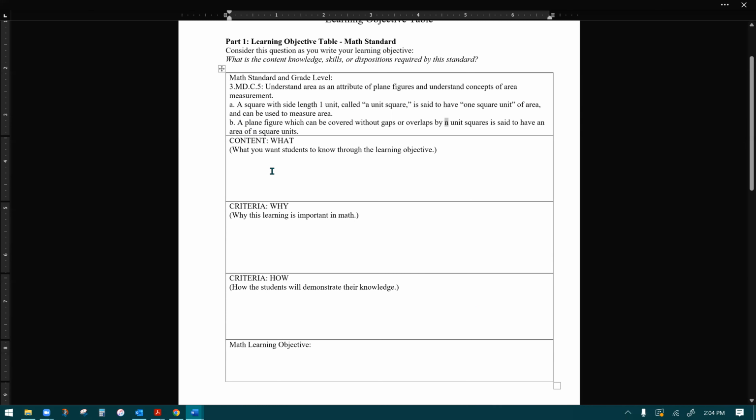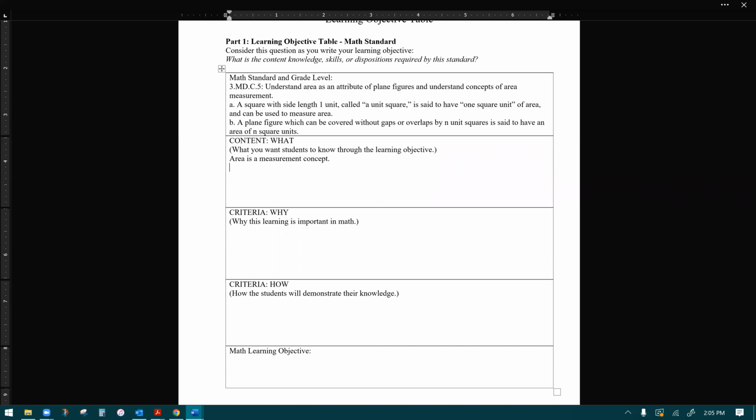So when I think about the standards, what do my students need to know? Well, they need to know that area is a measurement concept. What else do they need to know? They need to know that we measure area using square units.